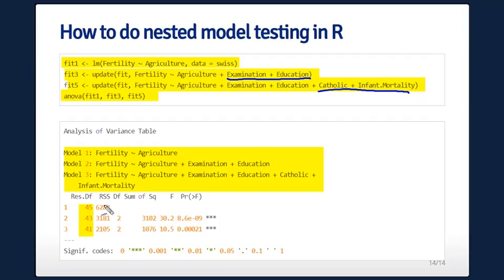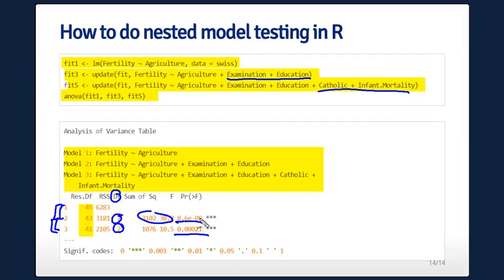So this degrees of freedom is the degrees of freedom for the comparison. The comparison between these two models has 2 parameters difference, and for the comparison between these 2 models, you have another 2 parameters difference. So this comparison compares it to the previous one. It compares 2 to 1 and then 3 to 2, and that's what the p-value in each case is giving you.